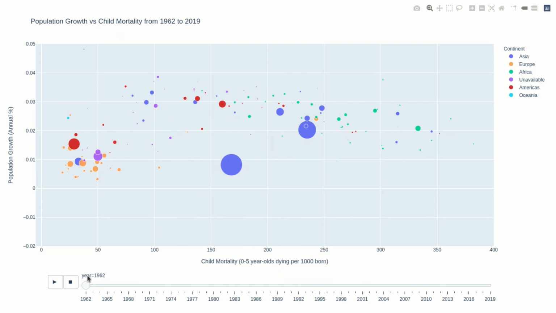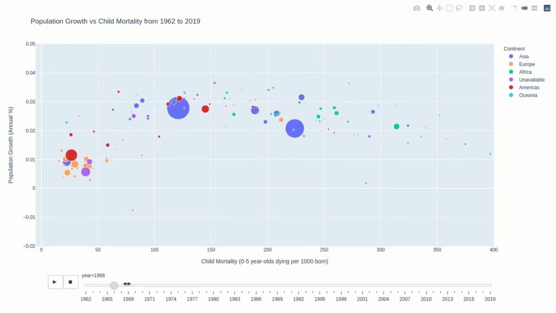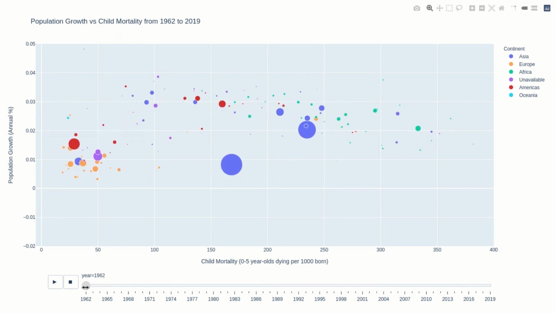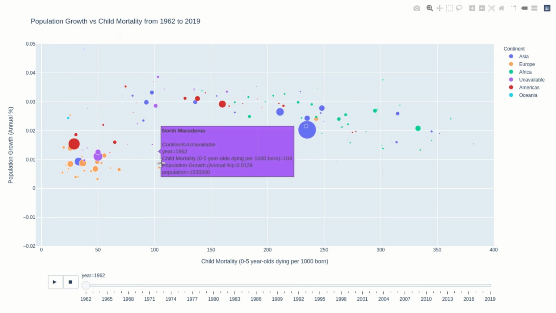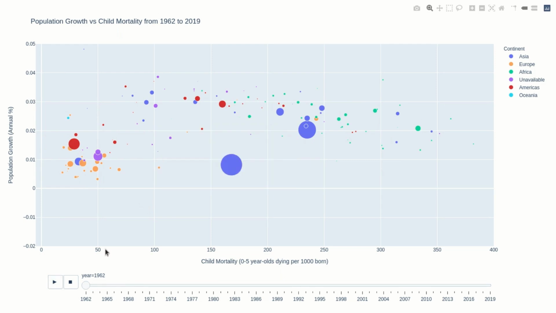Here we can see the year over here at the bottom, and we can move this scroll bar to see how things change with time. So I'll just play it.